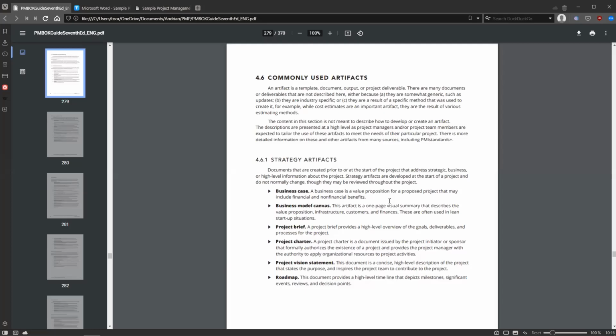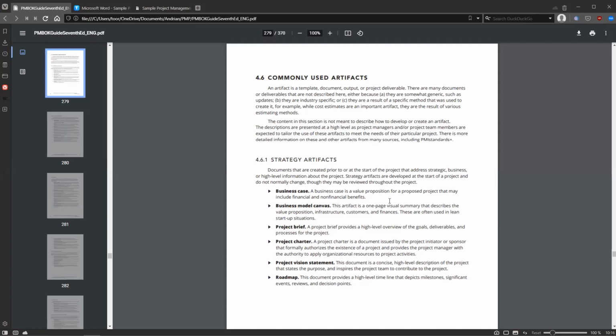So let's start. Let me see if I can share on the screen. Just a sample. I'll start with basically so-called commonly used artifacts. By the way, this is the PMBOK 7th version guidelines.